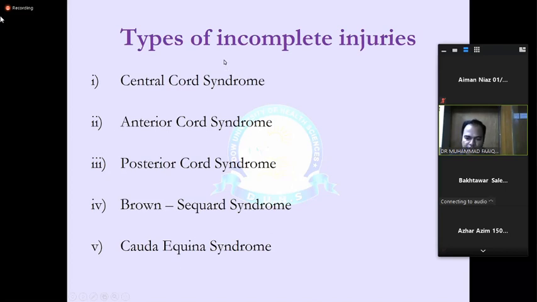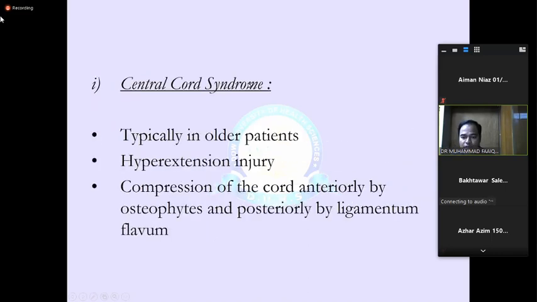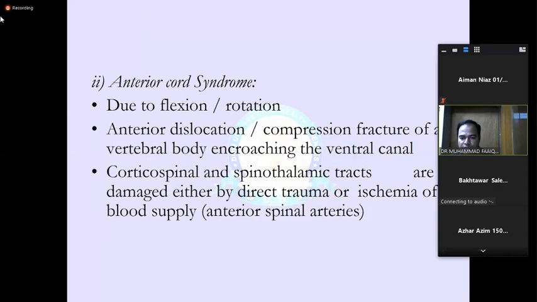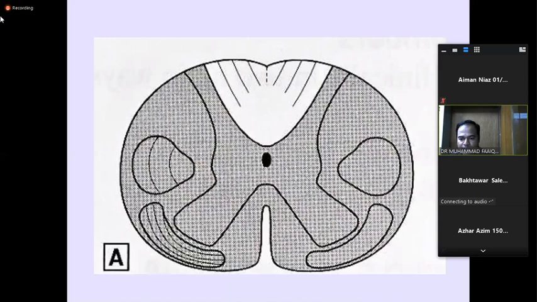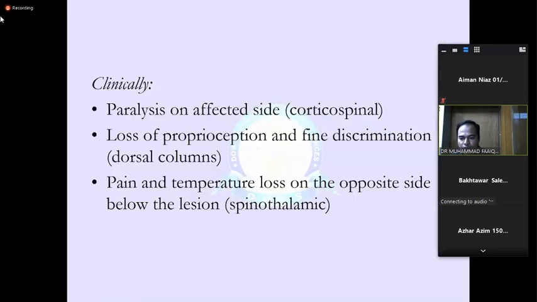They need certain surgery to prevent the conversion of incomplete cord injury to complete cord injury. If there is a patient with complete cord injury, you cannot perform any surgery because it is useless. But if the patient has incomplete cord injury, then you have to prevent it from becoming complete cord injury.